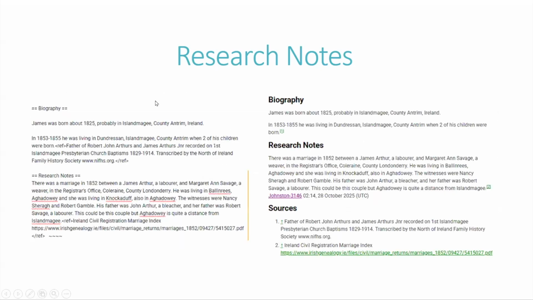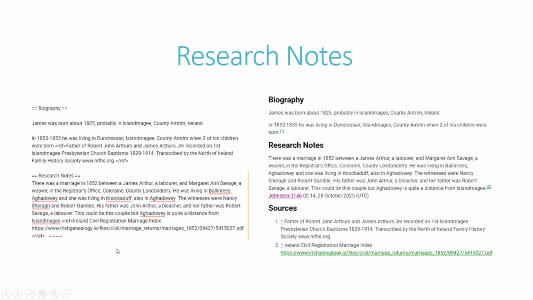What you do with research notes, here we're in edit mode, so I can say there was a marriage in 1852 between a James Arthur, a labourer, and Margaret Ann Savage, a weaver. I've given all of the details there, and I've also given the hyperlink to it. Then when you save it, it saves like this.